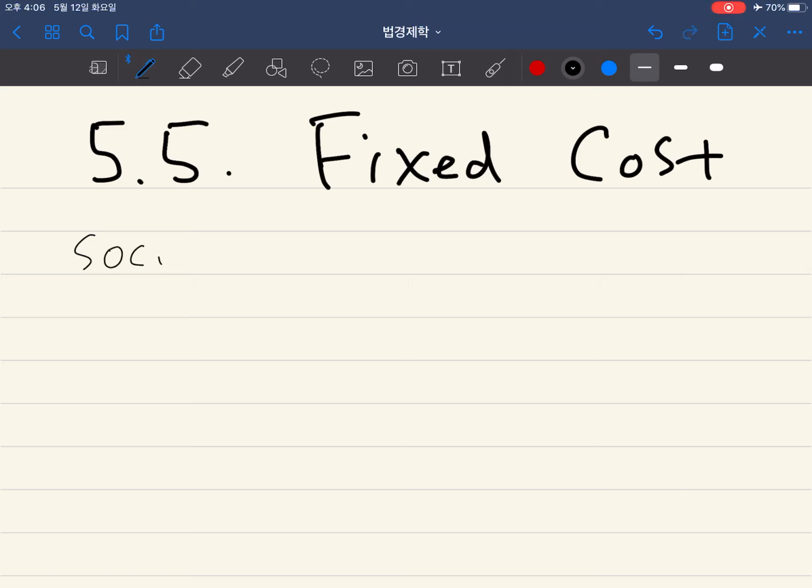First, let's think about finding social optimum. So think about social welfare maximization problem.